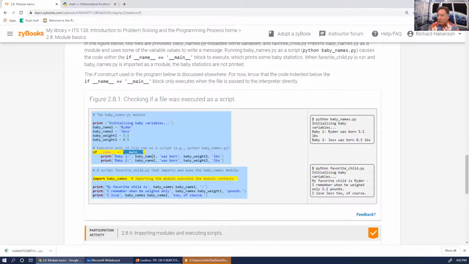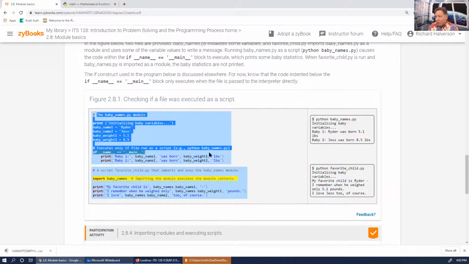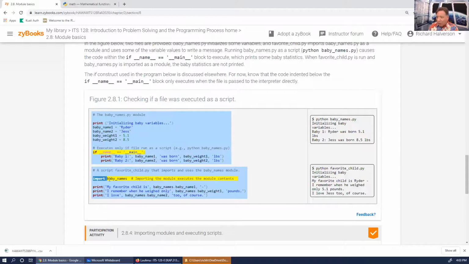However, when we're running favorite child, this whole thing does get executed because of the import, but this does not end up being true, because this module was not run on its own. This module was run because it was imported.